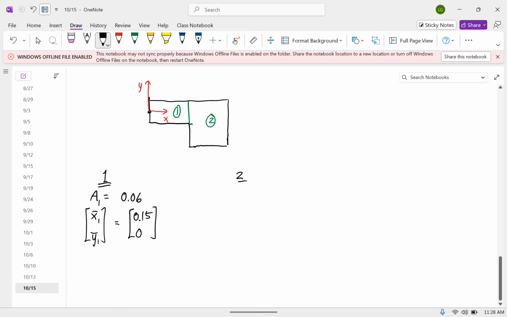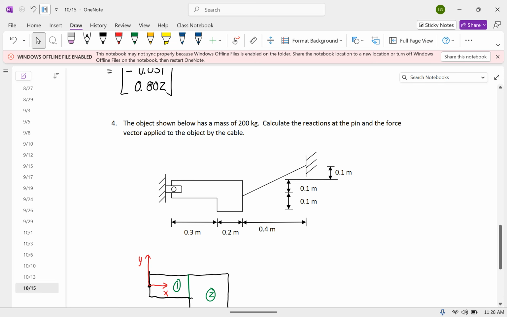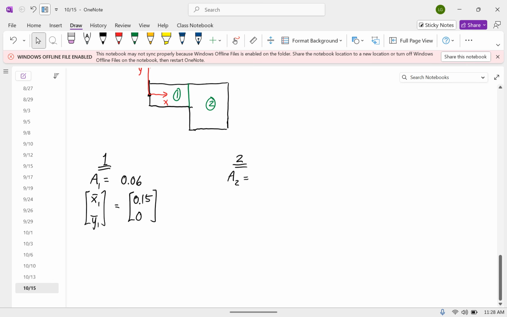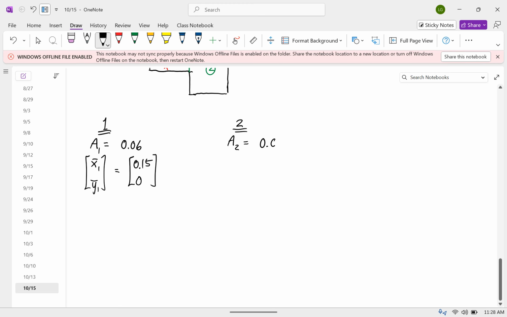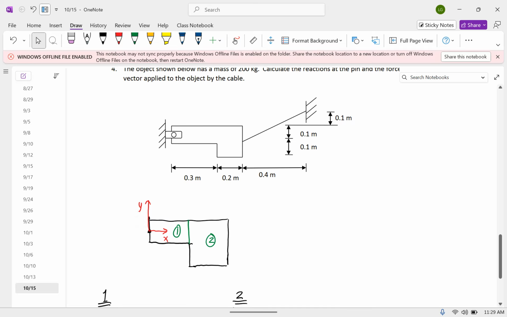And then for rectangle 2, the area is 0.2 times 0.2, so that's 0.04. And the centroid is 0.1 meters from the left side of this rectangle. But before we get to the left side, from the origin, we have to go 0.3. So this is going to be 0.4 in the positive x direction.